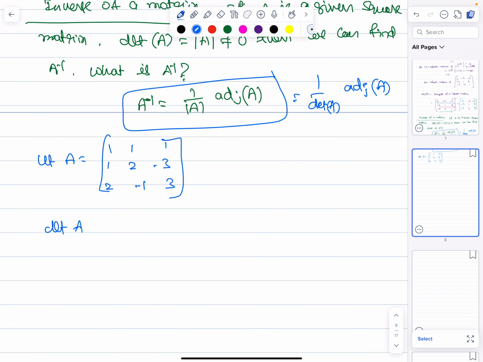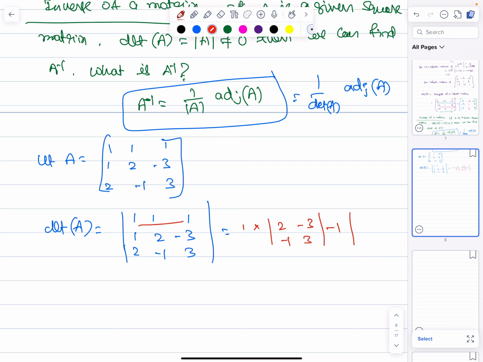Determinant of A is equal to the determinant of 1, 1, 1, 1, 2, minus 3, 2, minus 1, 3. So this is equal to 1 into 2 minus 3 minus 1 3, minus 1 into, of course ignoring this row and this column, you will be having 1 minus 3 2 3, and you are focusing on the first row, third column.